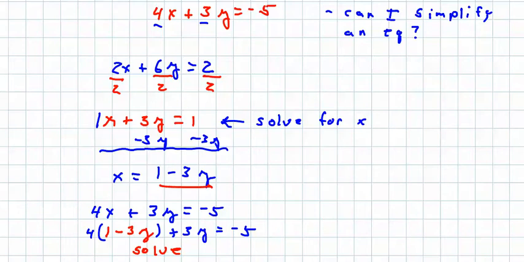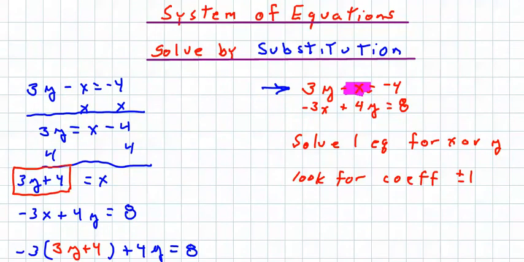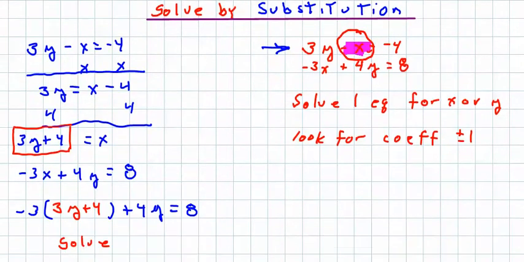So, to look at this one more time: if we have a coefficient of plus or minus 1, like right here where we had a coefficient of negative 1, we solve for that variable and then substitute.